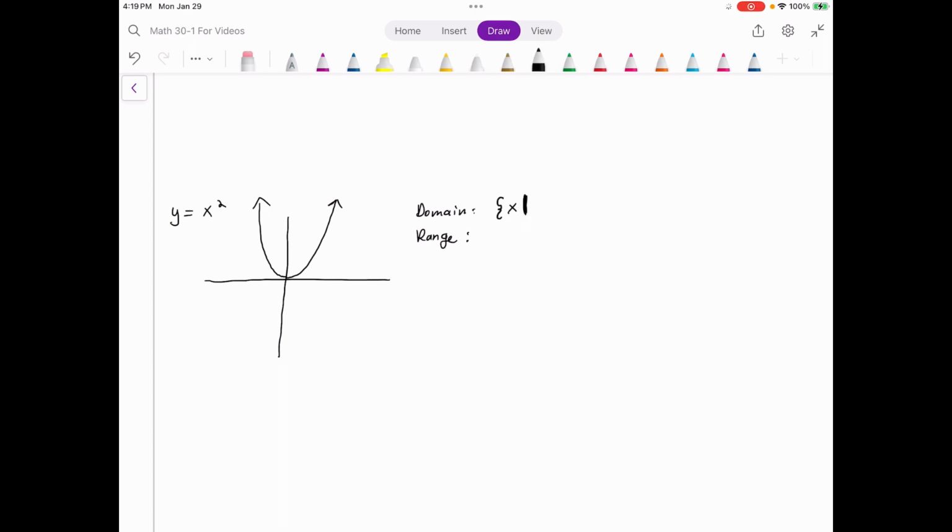Now again, it can be any real number, so we're going to say x is an element of, meaning is part of, and then the R just means real numbers. So what we've just said is that the domain is all real numbers. It's the set of all x's such that x is any real number.